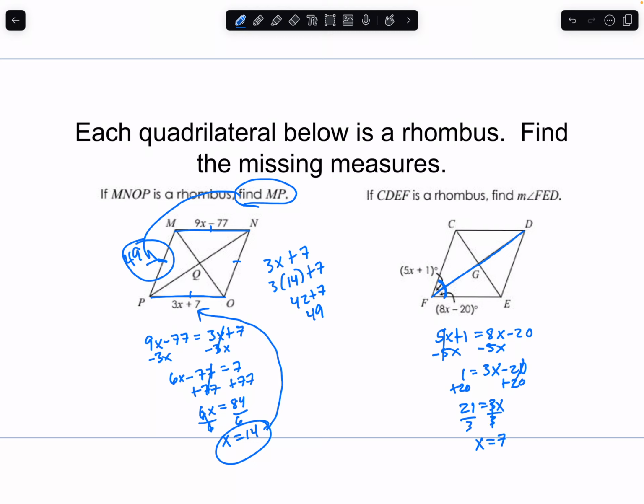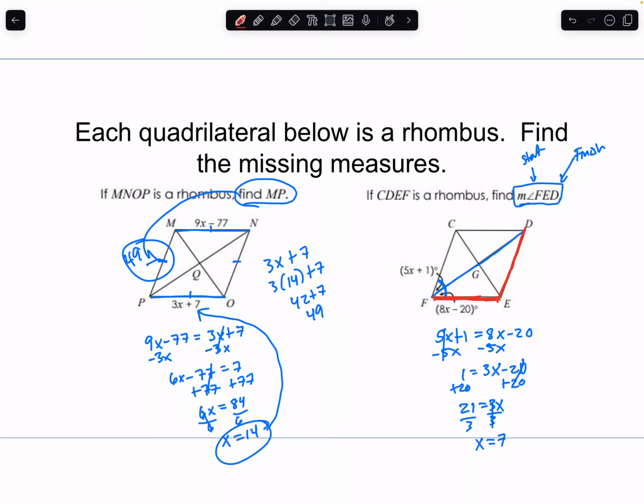Now, I'm interested in finding the measure of angle FED. This is the letter that you start with. Start and finish. So we're really measuring angle E. But I'm going to start with F. Let's do this in red. Start with F, E, D. I want to figure out this entire measure.